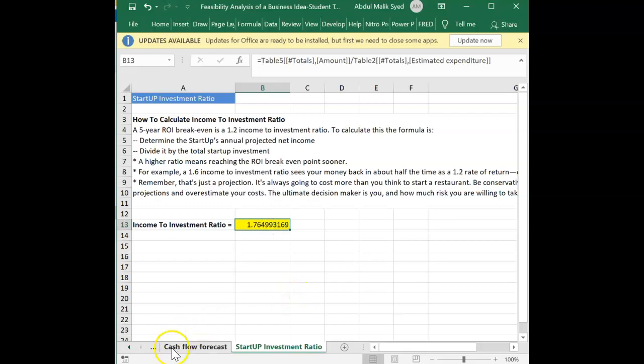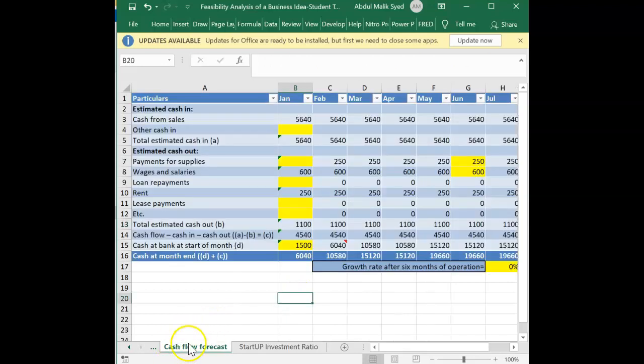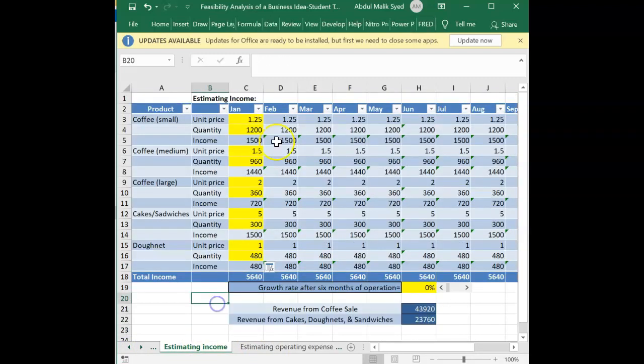That means the more cups you are going to sell, the greater the benefit you are going to derive. So it's a good business idea.